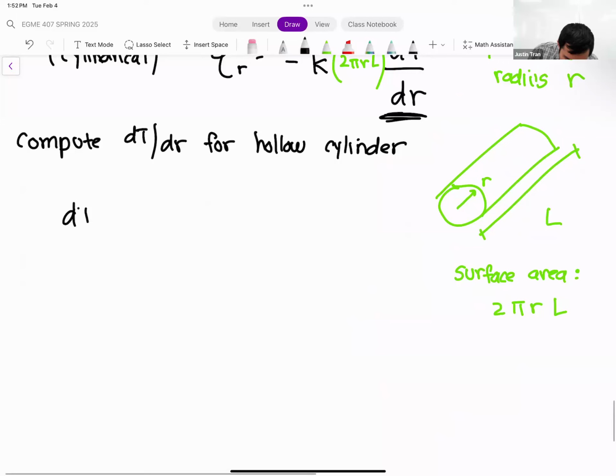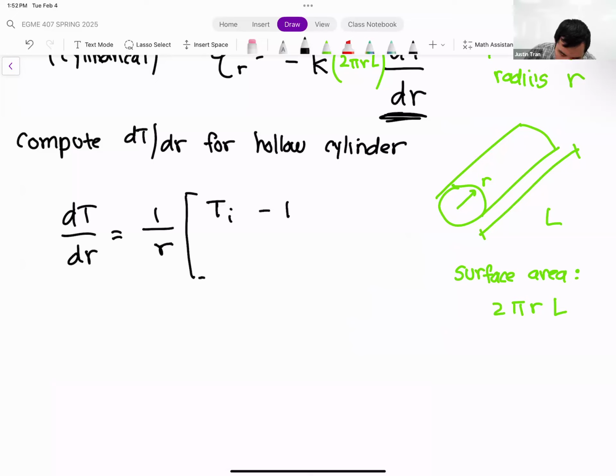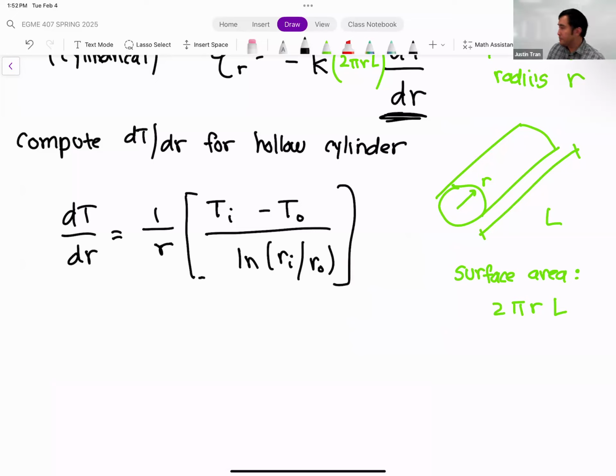So dT/dr from our final solution here is 1 over r times the quantity Ti minus To divided by ln of Ri divided by Ro.